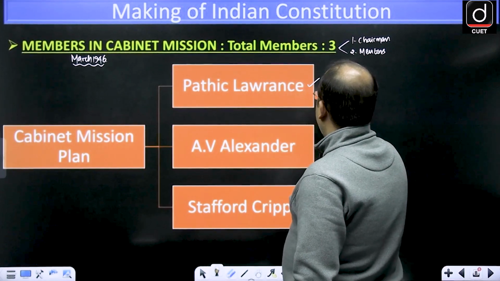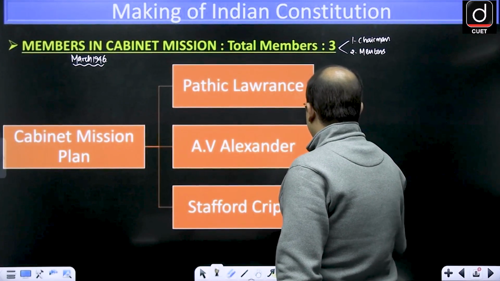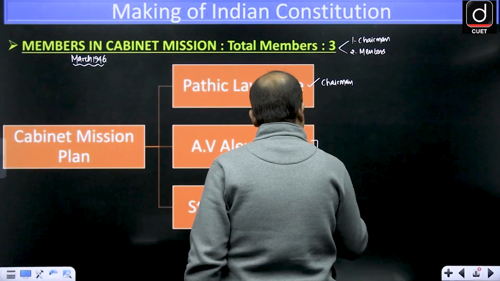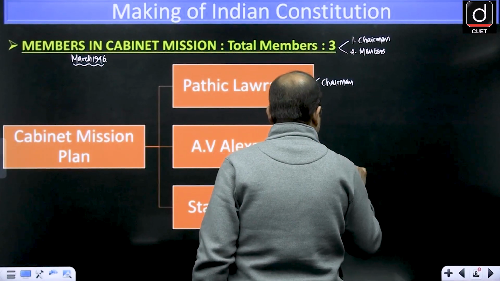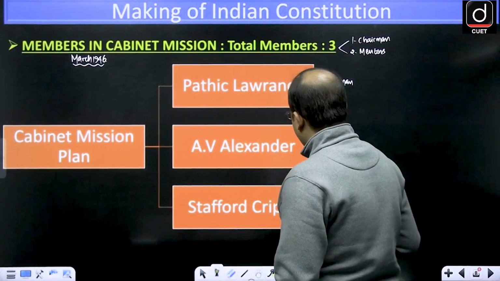Patrick Lawrence was the chairman, and the two members were A.V. Alexander and Stafford Cripps.